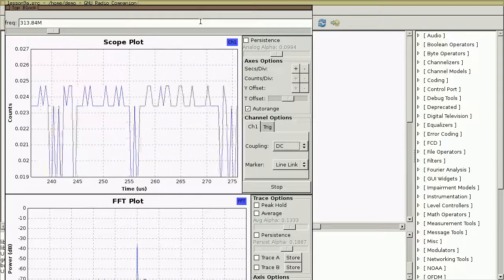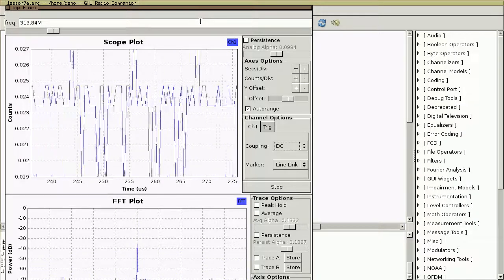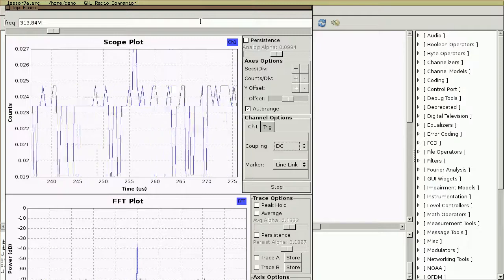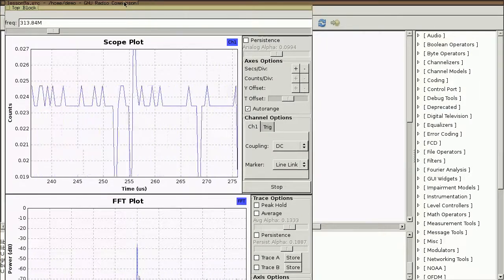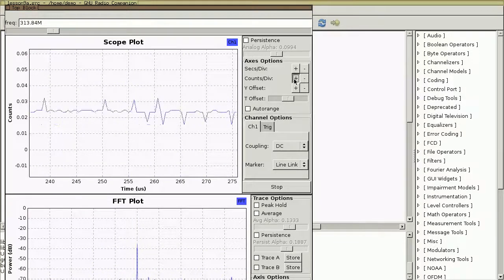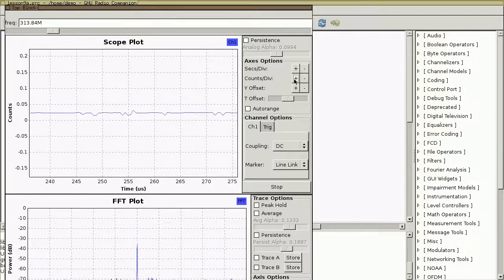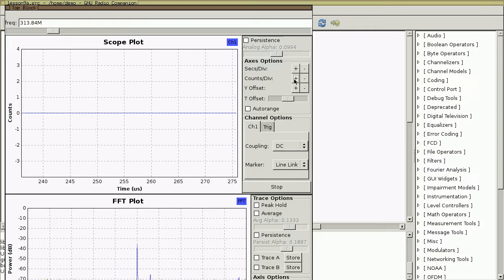Now when I push the button on the remote, you can see in the FFT plot on the bottom, I'm getting output similar to what I got from the Osmocom FFT utility. Now on the top, if I increase my counts per division, you can see the result of my amplitude demodulation.